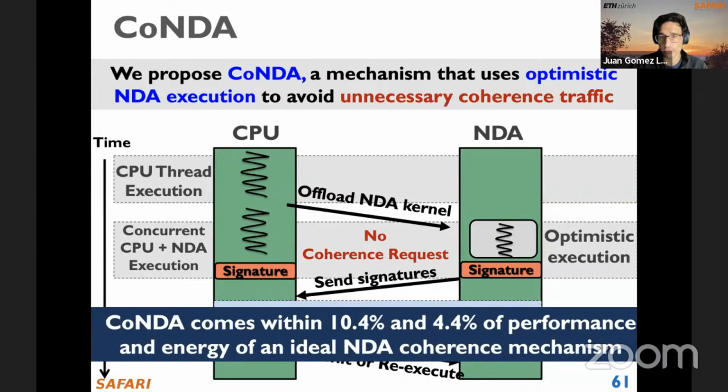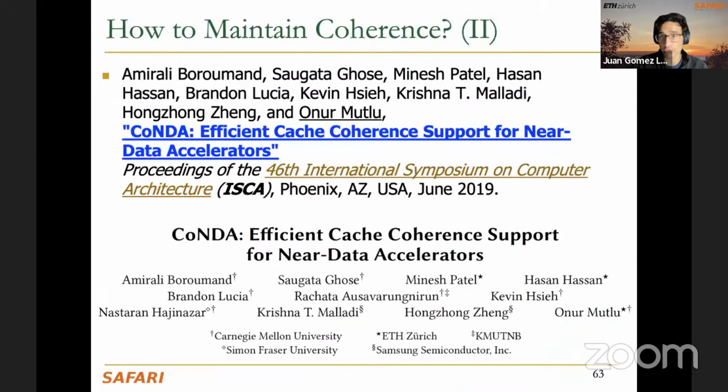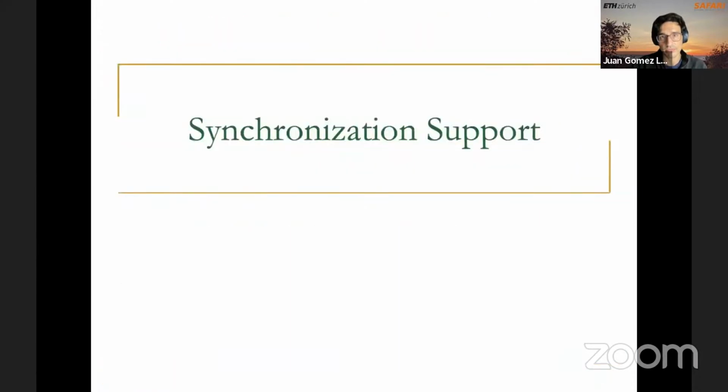CoNDA showed very good performance and energy improvements, very close to the ideal coherence mechanism. I recommend you take a look at the paper that was presented at ISCA 2019.